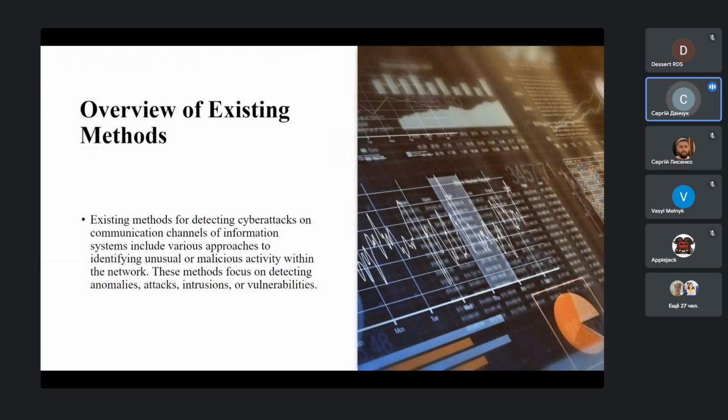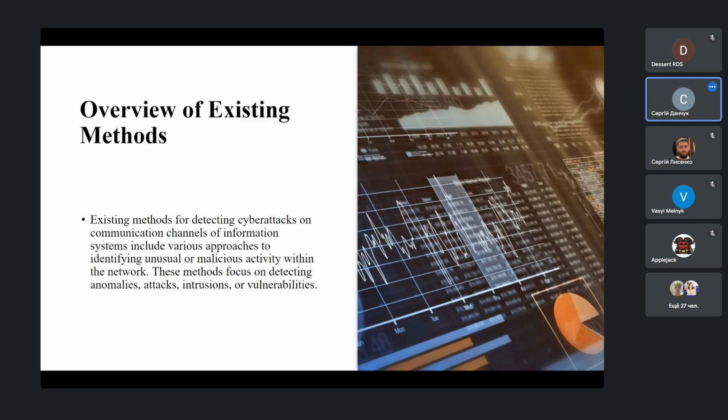Overview of existing methods. Existing methods for detecting cyber attacks on communication channels of information systems include various approaches to identification of usually malicious activity within the networks. These methods focus on detecting anomalies, attacks, intrusions, or vulnerabilities.